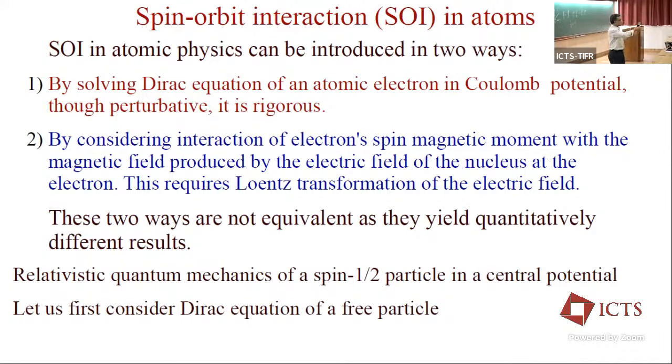For example, for hydrogen, the proton is a moving particle and will generate a magnetic field. That magnetic field has its origin in this Lorentz transformation, and of course a relativistic origin. Then you consider minus mu dot B, and that will give you the L dot S term.